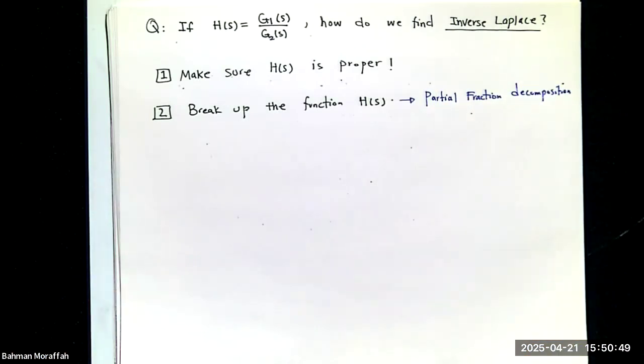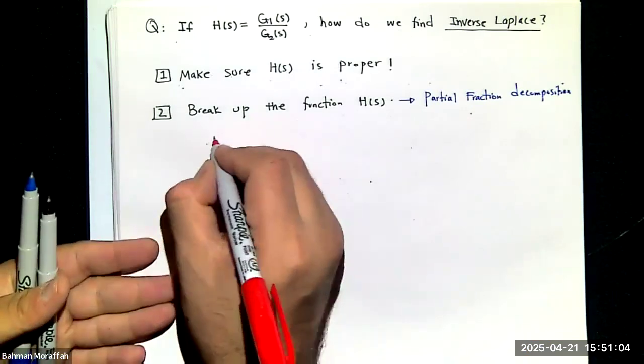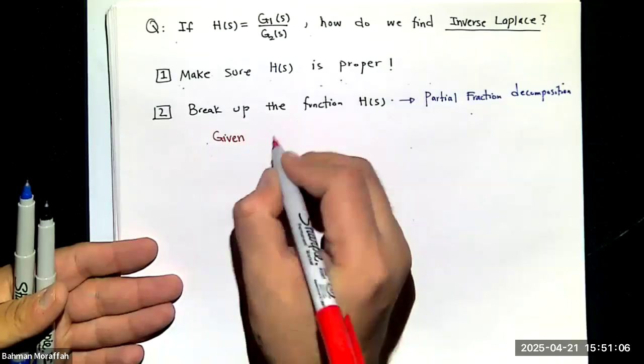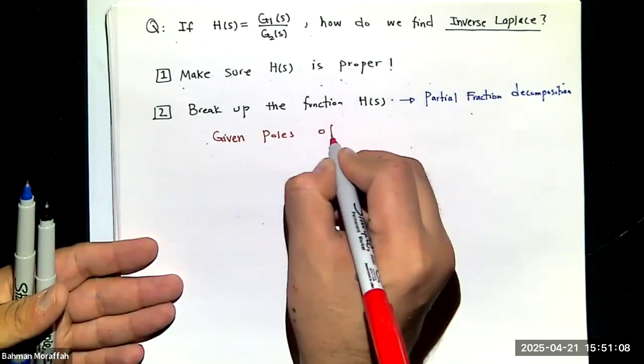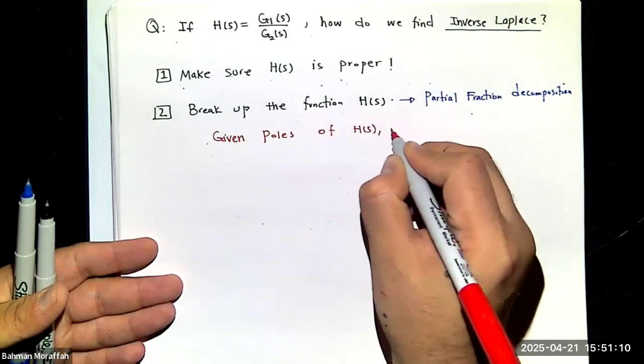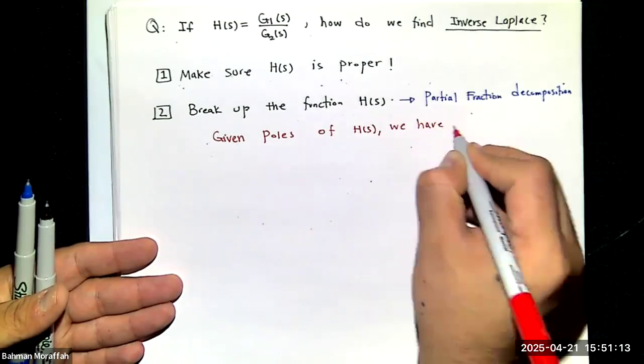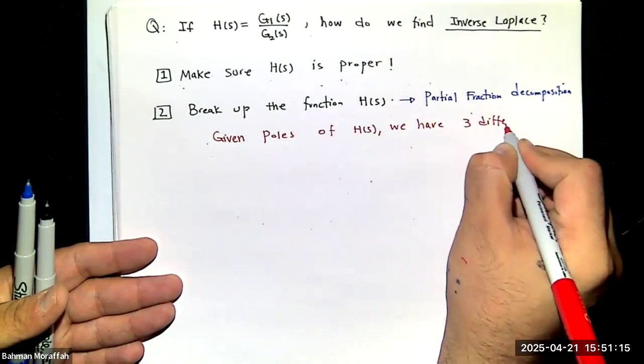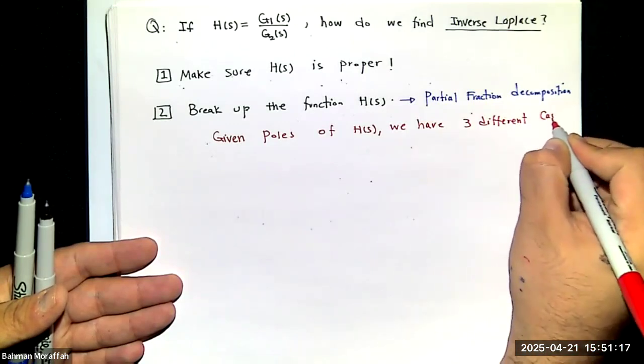How do we do partial fraction decomposition? We're going to look at the roots. We're going to see how the roots are actually working. Depending on the roots of this h of s, we have 3 different cases. So given poles of h of s, we have 3 different cases.